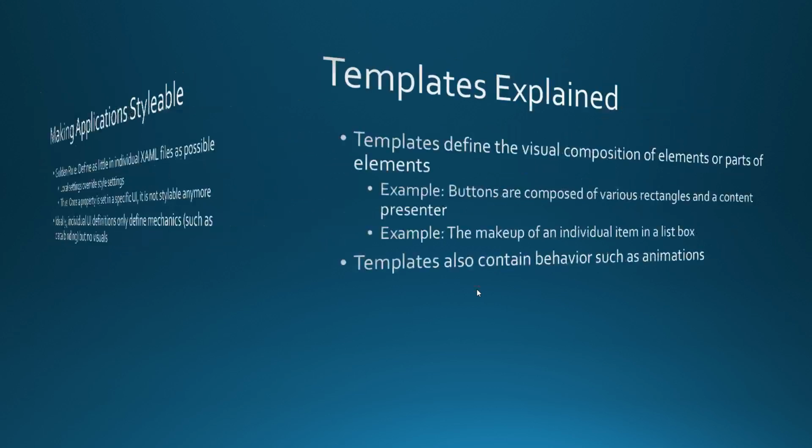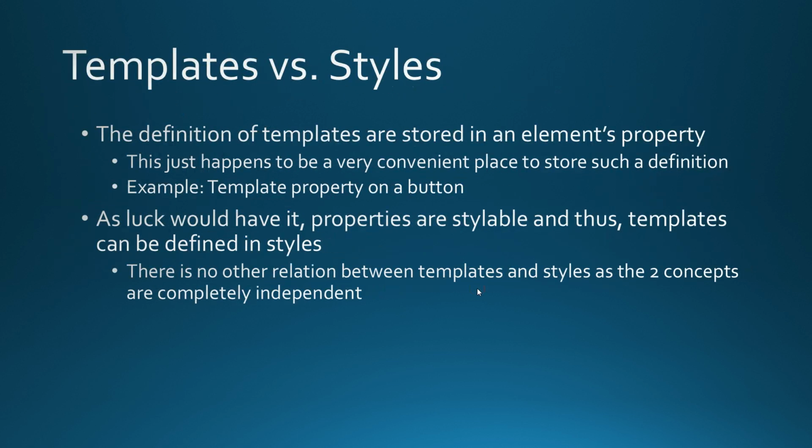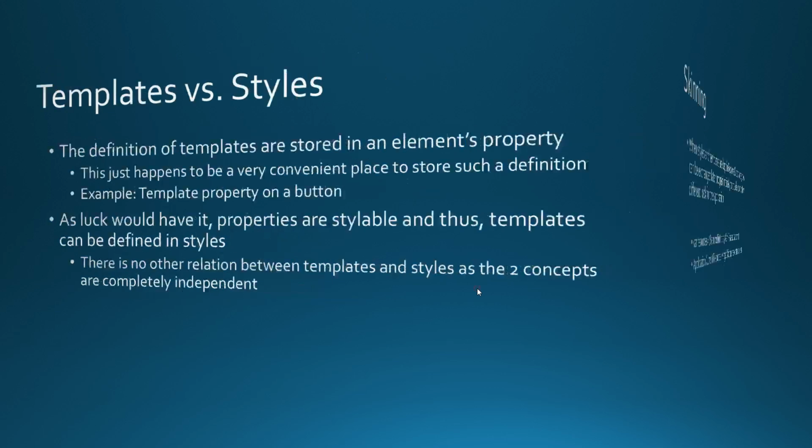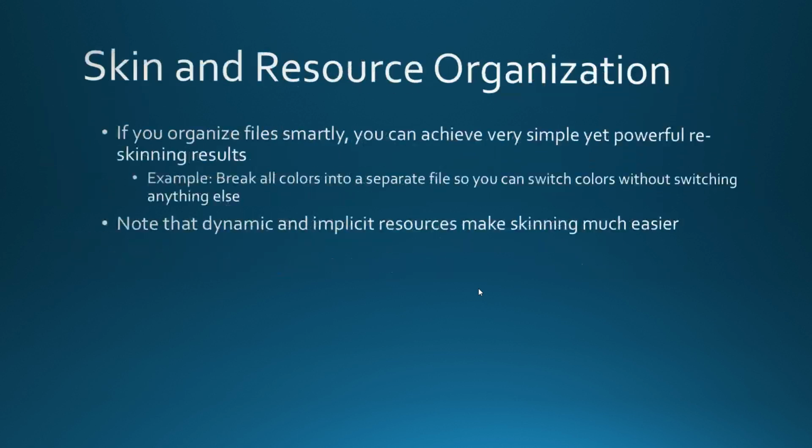Okay, we've covered that enough times. We've talked about templates. Templates versus styles, where a template is contained within a style. Sometimes people get a little bit confused on that. Skinning is the idea of a theme for your entire application. It's the skin of the application. This is where a lot of programs will fail, because they'll have multiple developers creating different UIs, and it's not consistent throughout.